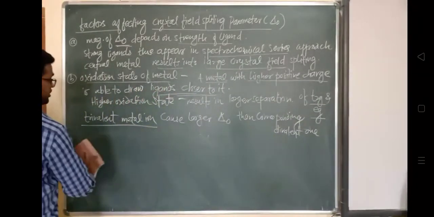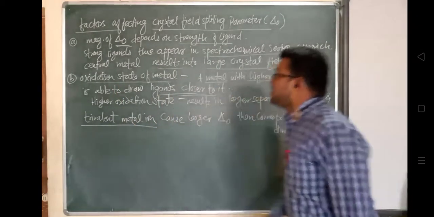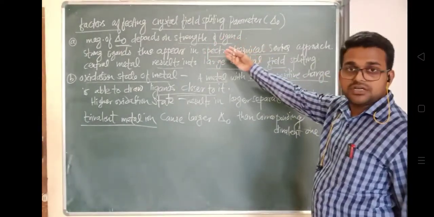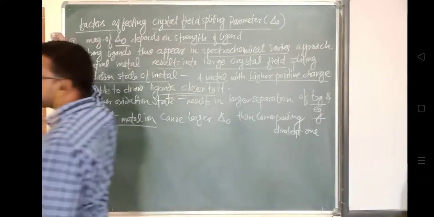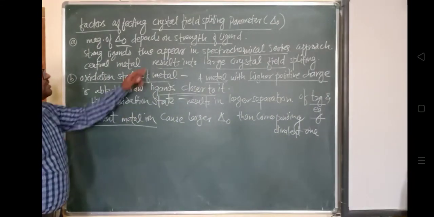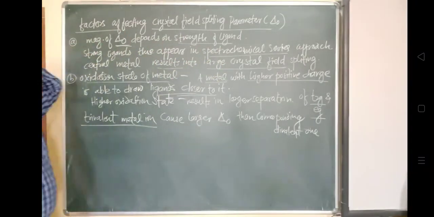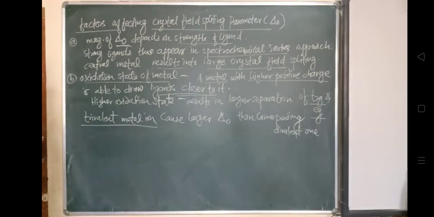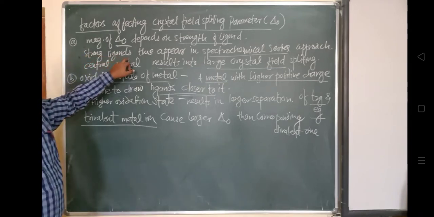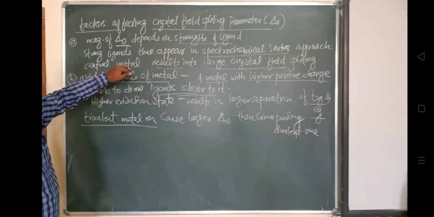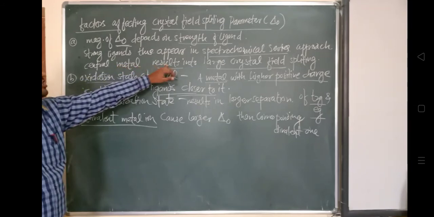So these are the factors affecting the crystal field splitting parameter. The very first one is that the magnitude depends on the strength of the ligand, and the next one is that it depends upon the oxidation state. Strong ligands, those that appear in the spectrochemical series, approach the central metal ion and result in large crystal field splitting.